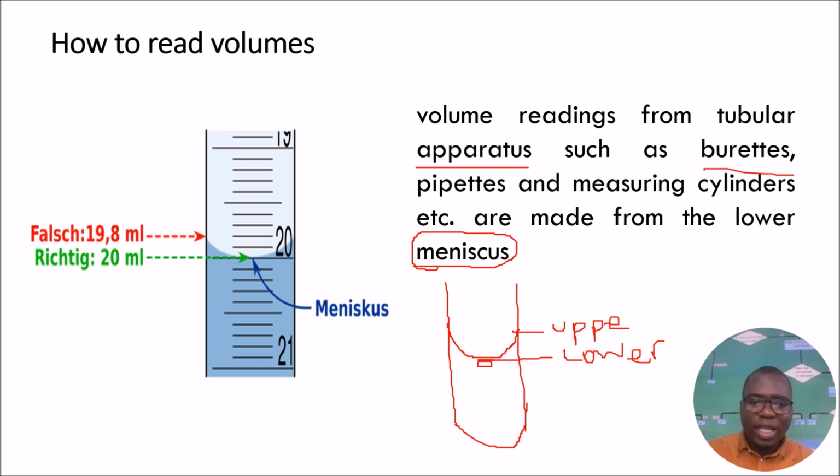Let's look at an example here. This is the liquid that was poured into this measuring cylinder right here. And remember, our apparatus used to measure volume are graduated, meaning there are scales marked on them. So the first thing you are supposed to do is figure out how the scale is being calibrated. For example, I can see this long one here is 19.